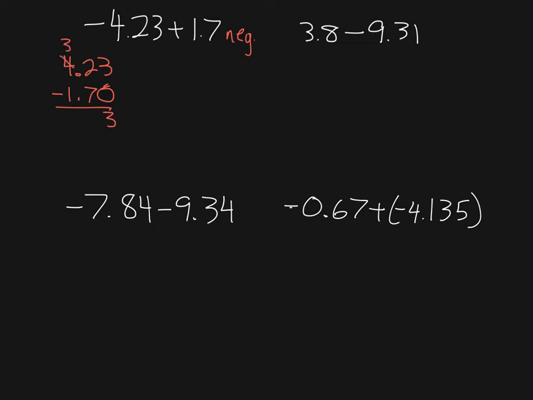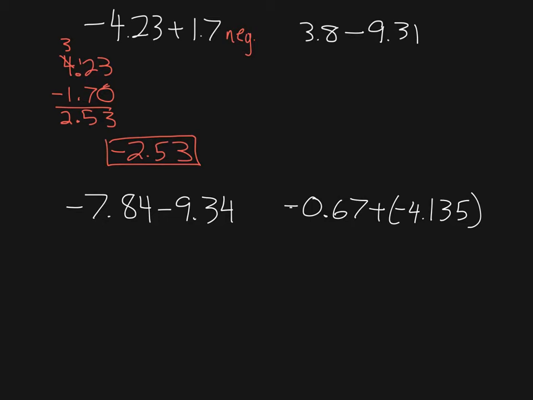It's going to become a 3. This will become a 12. 12 minus 7 is 5. My decimal just comes straight down, and 3 minus 1 is 2. So my answer here is negative 2.53. Make sure you get the sign right.